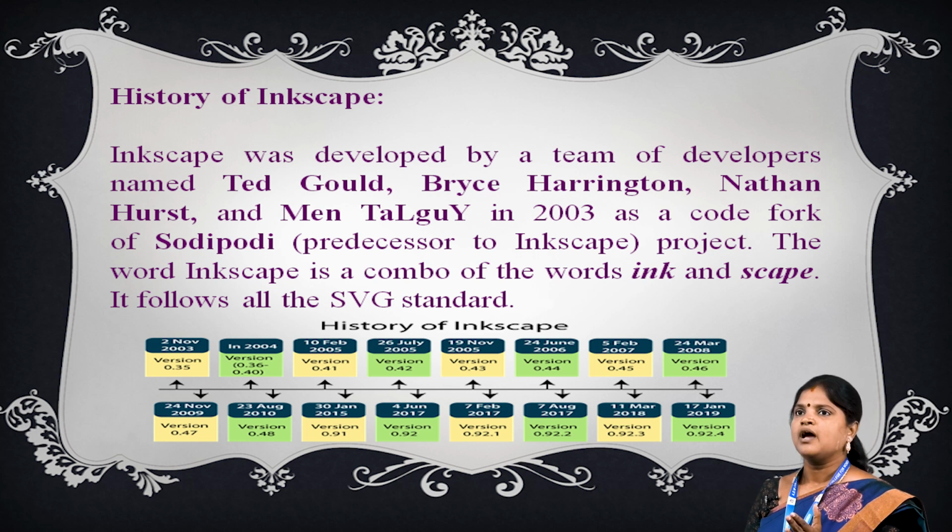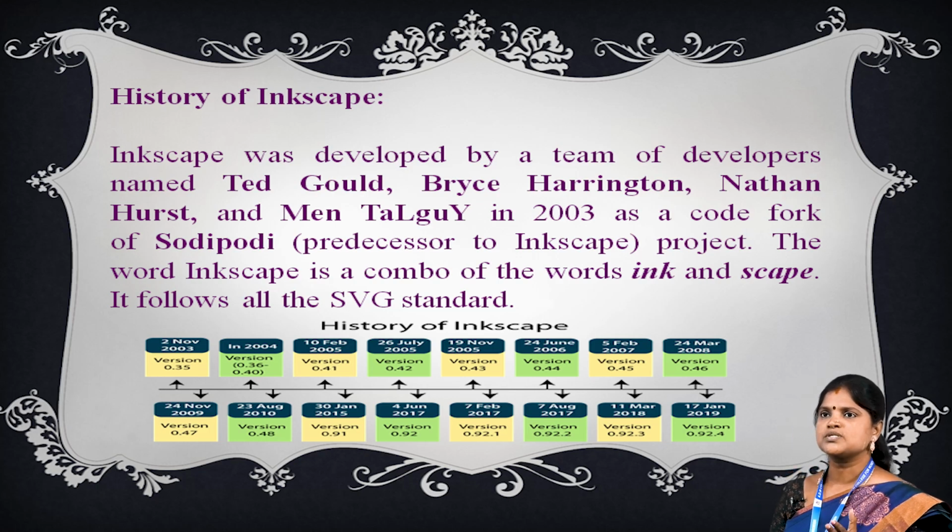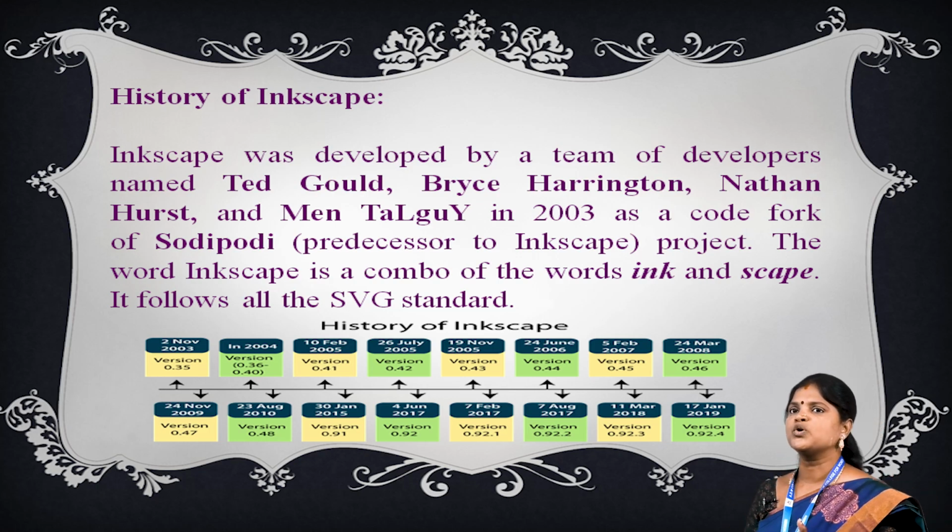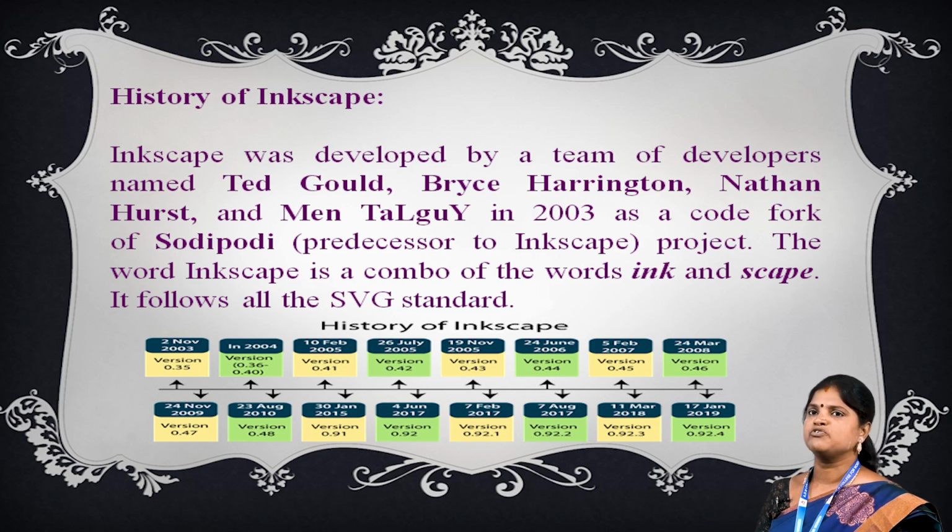In 2009, version 0.47 was introduced: eraser tool, timed autosave, auto smooth node for fonts, basic support for SVG fonts.